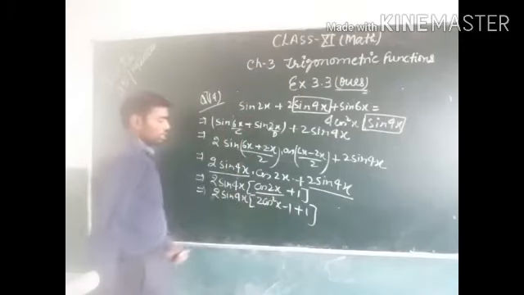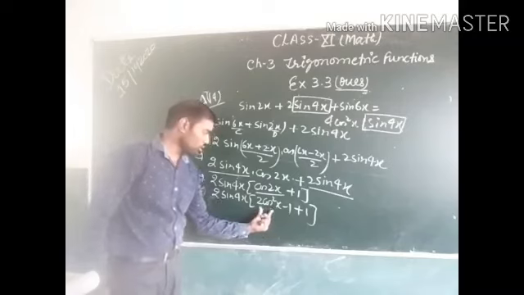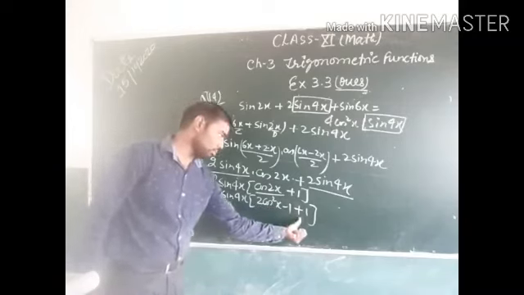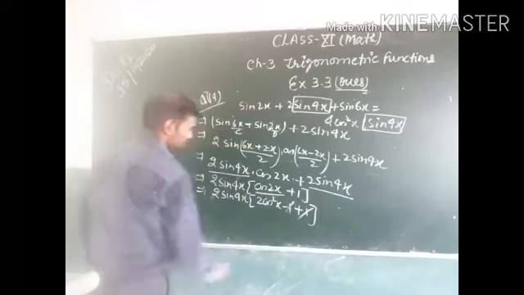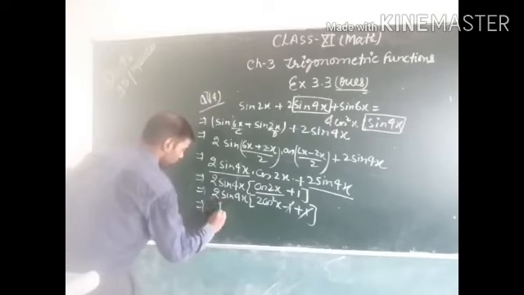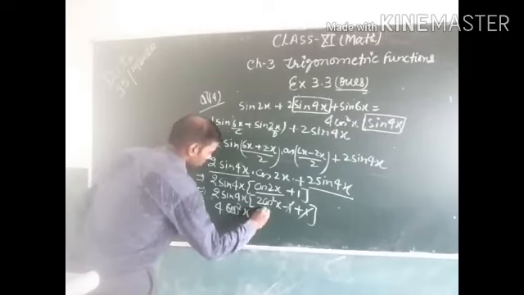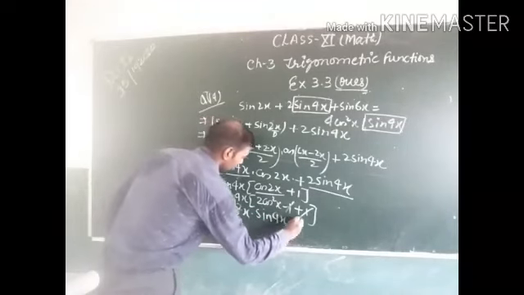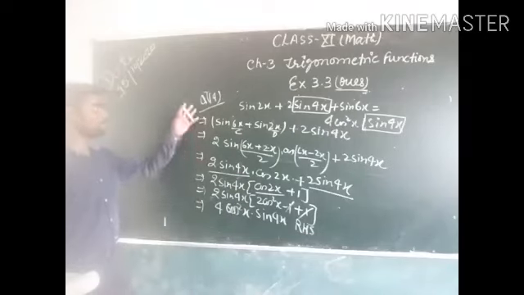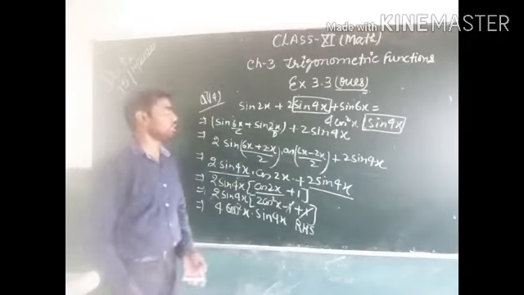This is the formula: cos 2x is equal to 2 cos square x minus 1, and this is plus 1. So minus 1 and plus 1 cancel out. So we get 2 into 2, that is 4, cos square x into sin 4x. So this is the right hand side. Hence, this is the complete explanation of question number 14. For further questions, please pause the video and note it down.